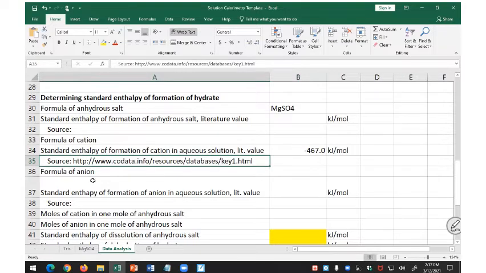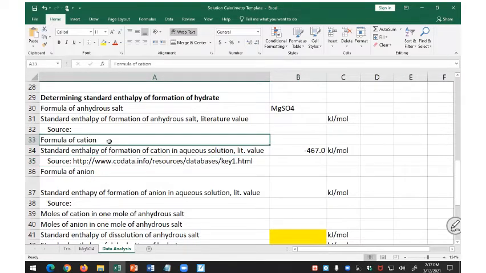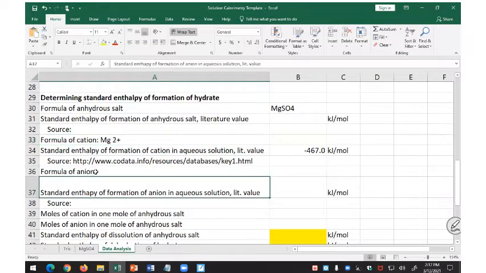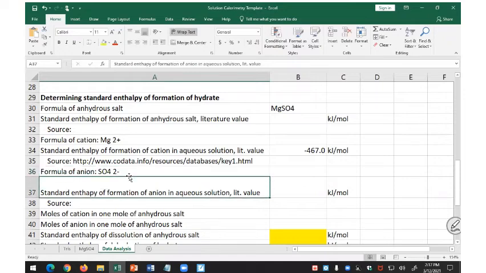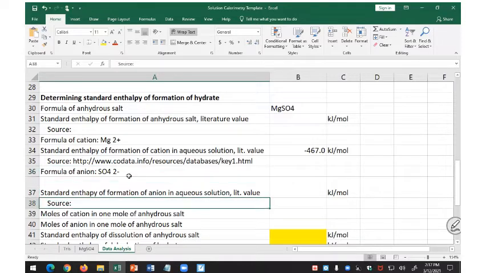What's the formula for the anion? So your cation is, let's edit this, magnesium plus 2, right? Mg2 plus. Okay. And our anion is sulfate, so SO4 2 minus. If you want to superscript that, that's fine too. So what's the standard enthalpy of sulfate ion?